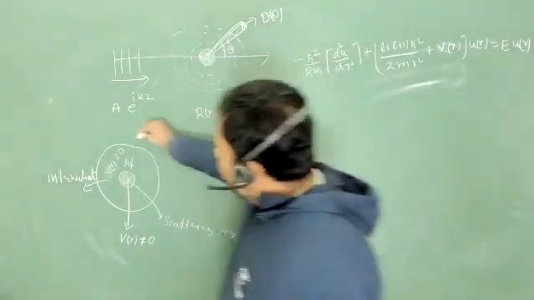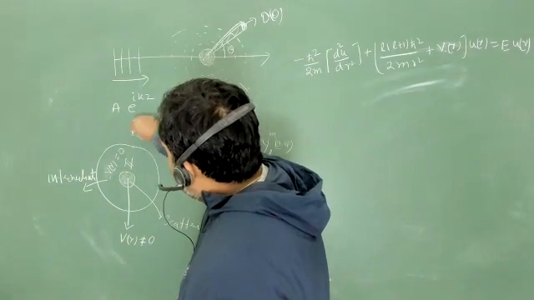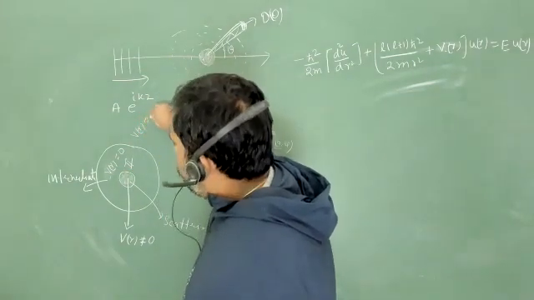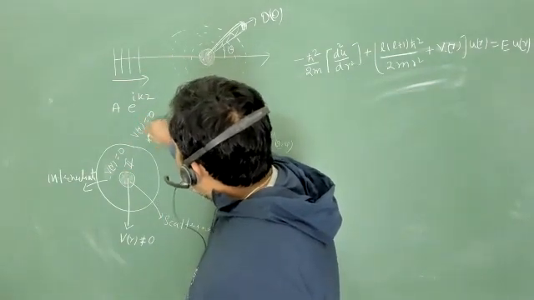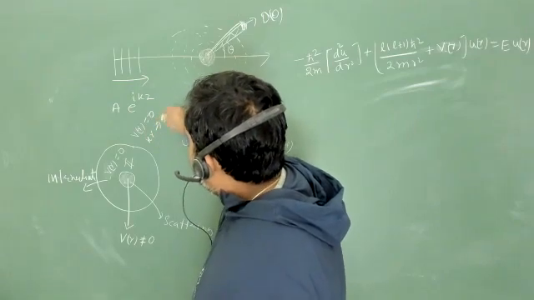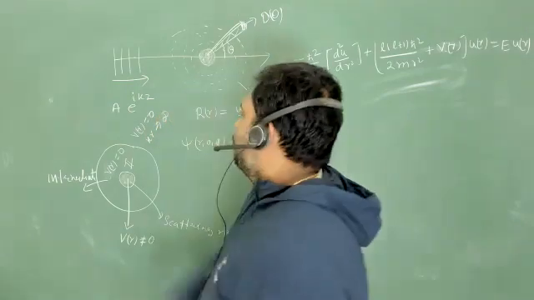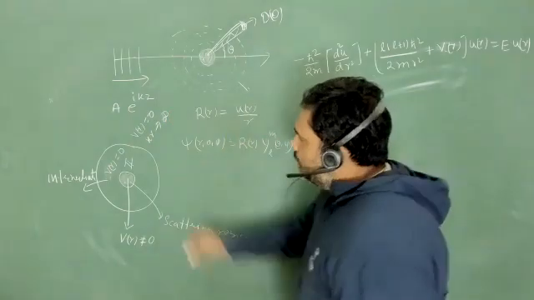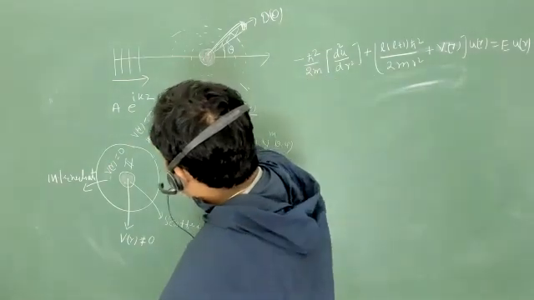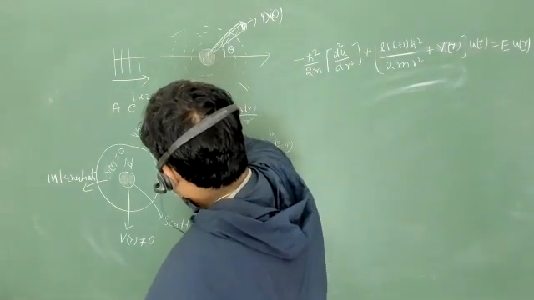And in this particular region, where V(r) is also equal to 0, it is very obvious, and kr is very large. This region is identified as the radiation region.